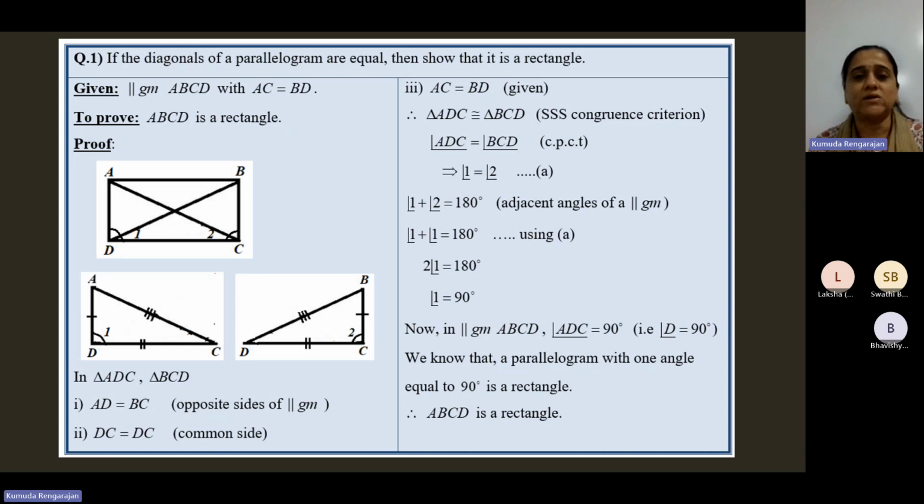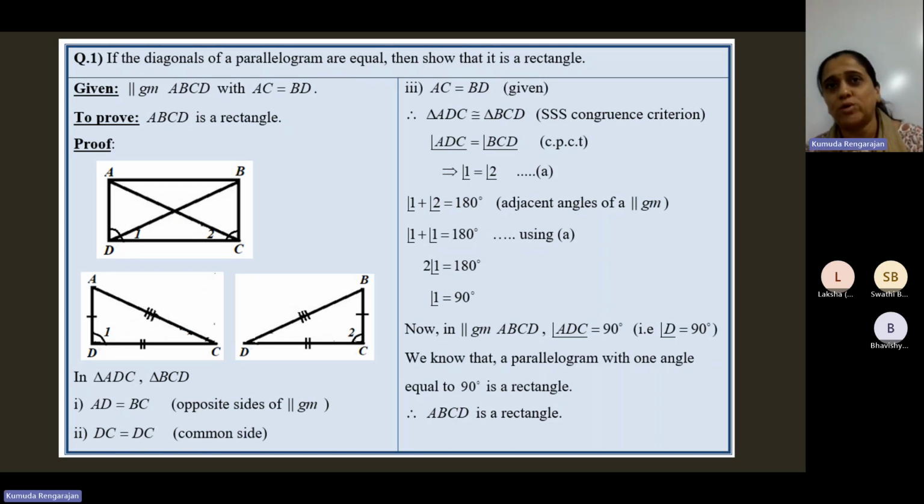What should you prove? A rectangle. What's the definition of a rectangle? A parallelogram with one angle 90 degrees. But you're already given a parallelogram, so that job you don't have. You just have to prove that one angle is a right angle. That's all.